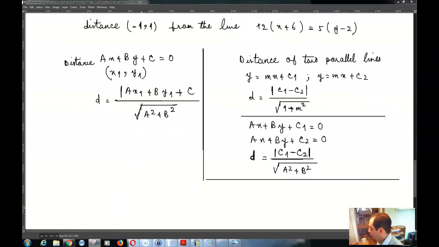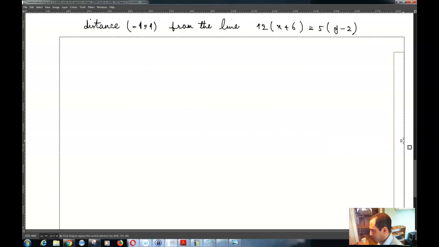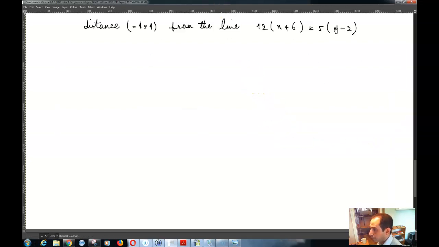Okay, so now what we have is that we want to find the distance of this point from this line.